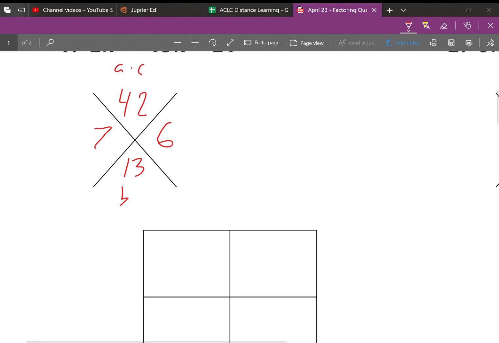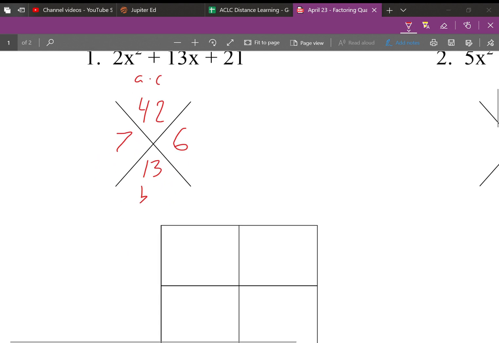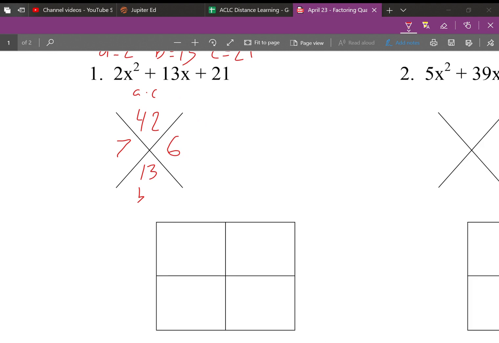All right, now that's not new. In the last two assignments, we focused on how we can use that to fill in our box. So let's go ahead and do that next. I'm going to put my first term, 2x squared, in the top left, and I put my last term, positive 21, in the bottom right.